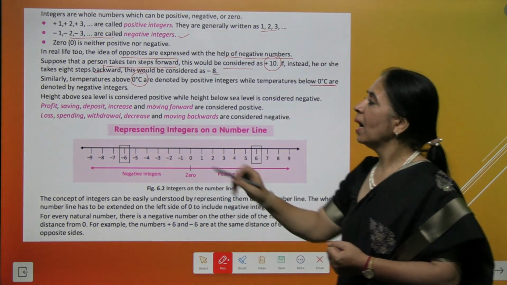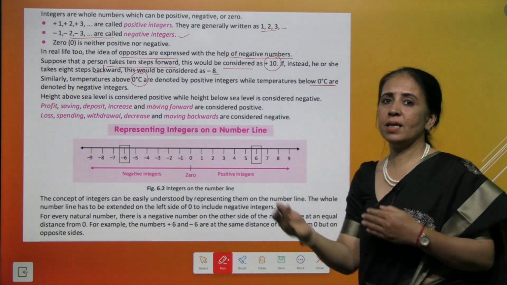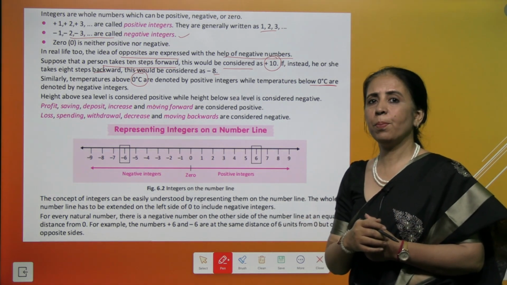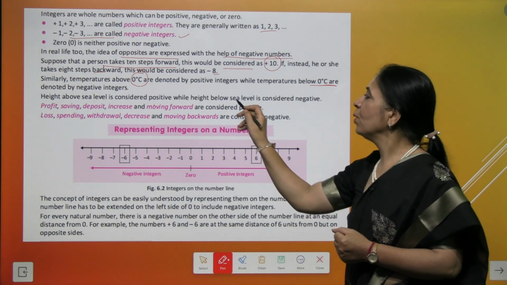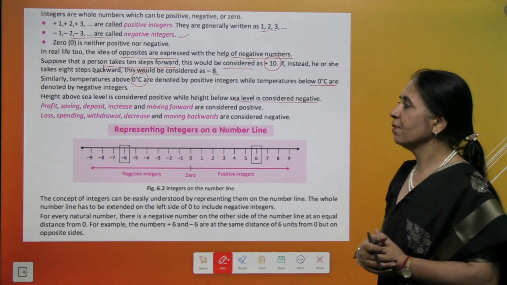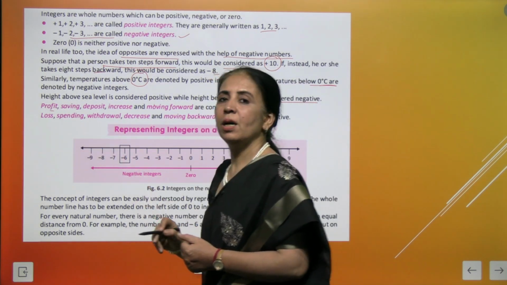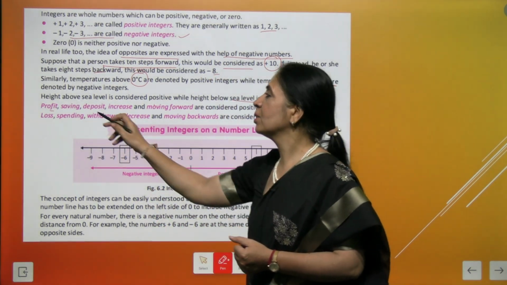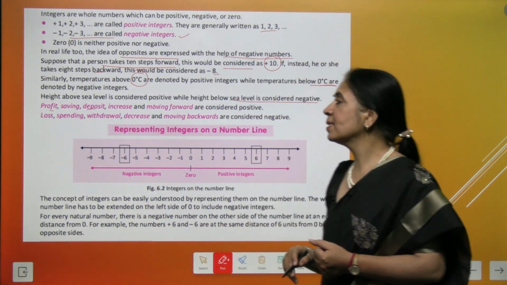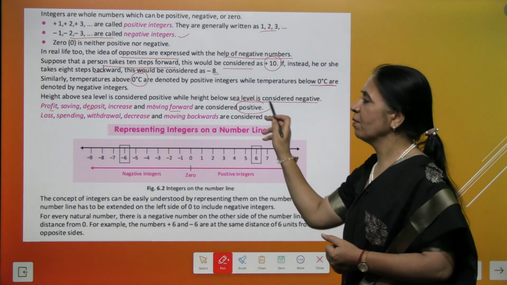So the height, moreover when you talk about height above the sea level, that's represented in positive integer, and when you go below the sea level it is represented as negative integer. So now when you talk about some profit, when you talk about savings, depositing, increasing and moving forward, all these are positive values.